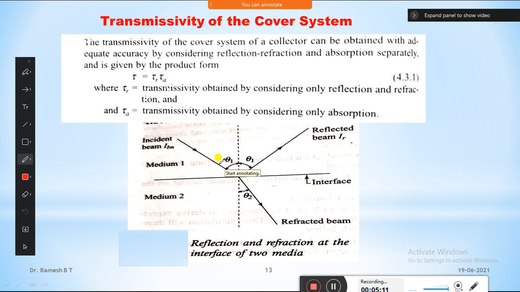So consider this figure. A beam of light of intensity IBN is traveling through transparent media 1. Let us assume this is glass; media 2 can also be glass, maybe another type.